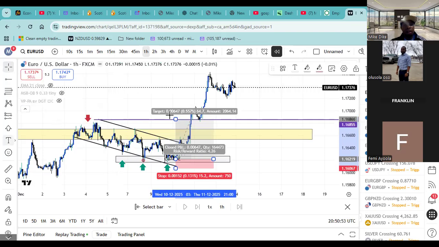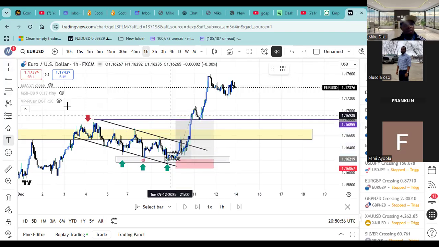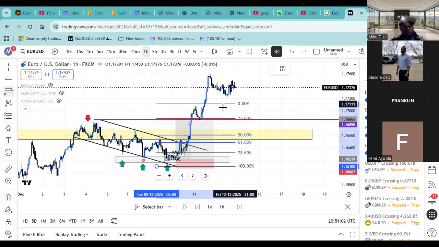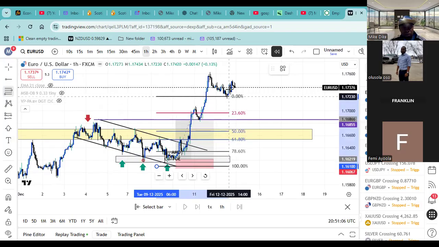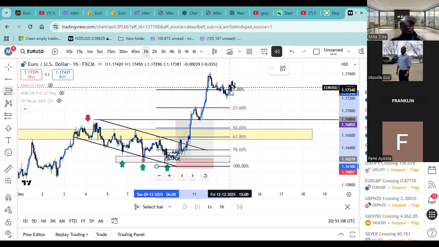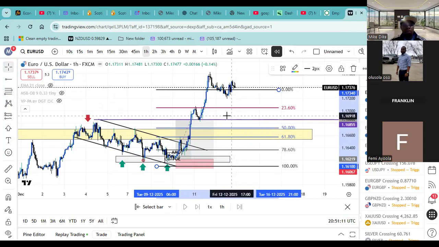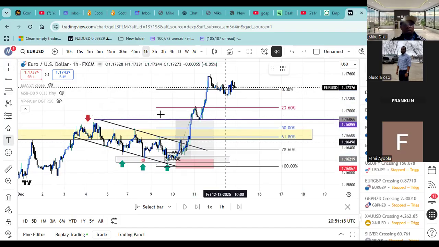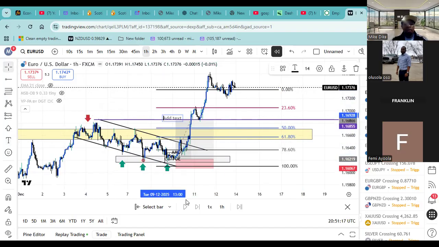But sometimes, using Fibonacci, if I see it's gonna go far, I make it TP1, TP2, all right? So I can make this one TP1 here. Then watch if it's still gonna go farther.